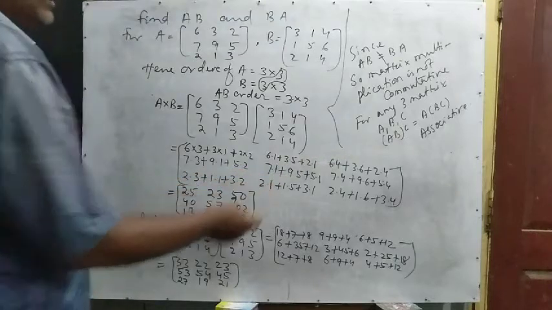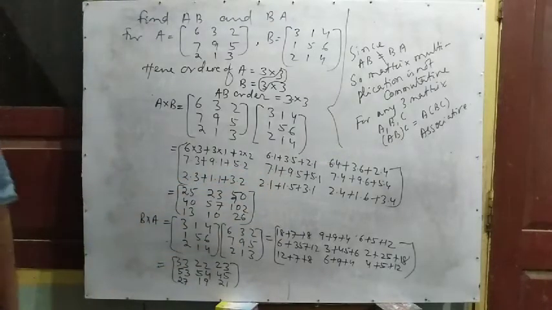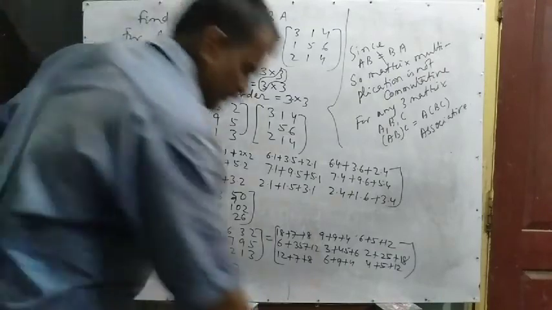For addition and multiplication both, A plus B plus C is equal to A plus B plus C. So that is satisfied for addition also. And in multiplication, the associative property is satisfied. Okay.